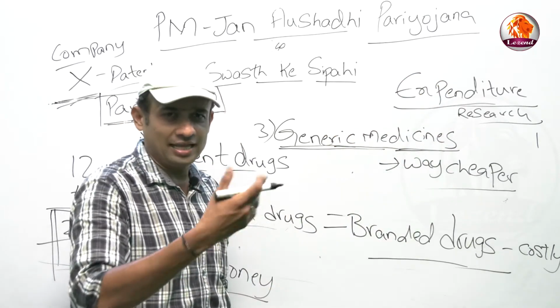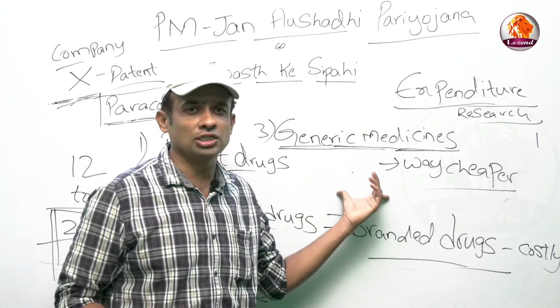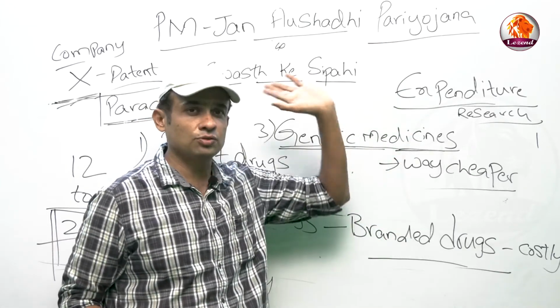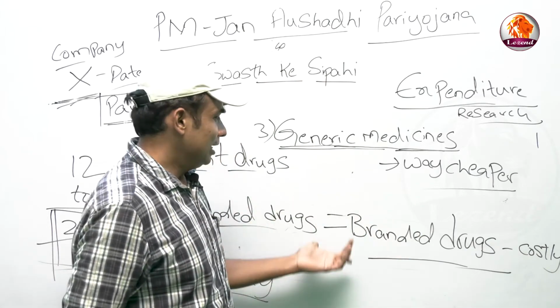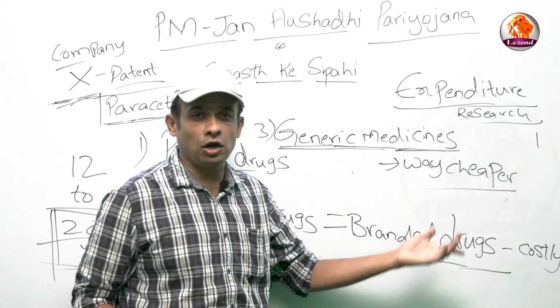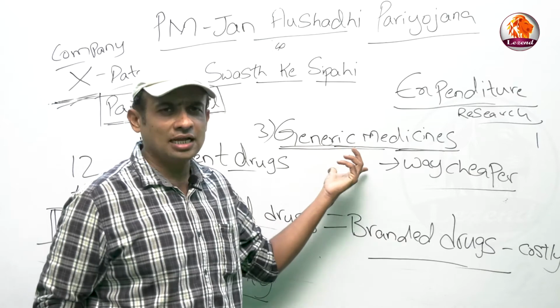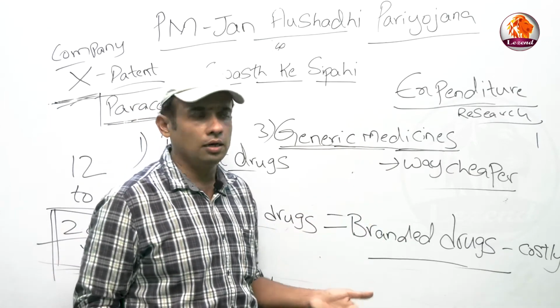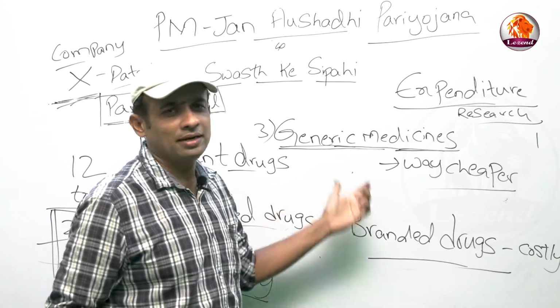They are just preparing the drug and selling it. They are not doing any promotion, they haven't done any research work, and they are not doing any marketing. Since a branded company has to bear all the expenses, these branded drugs are costly, while generic companies do not have bigger expenditures.